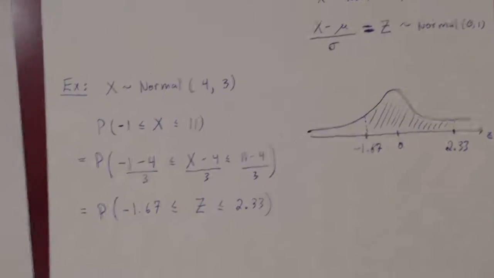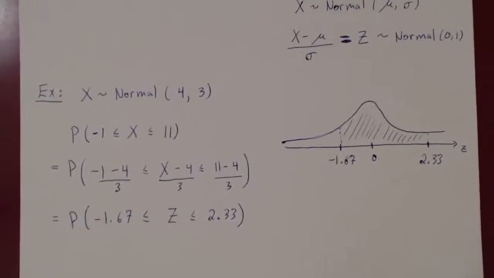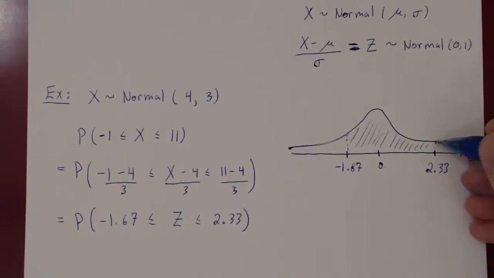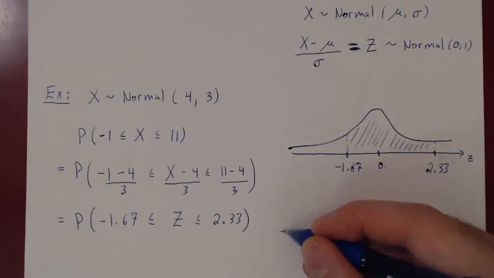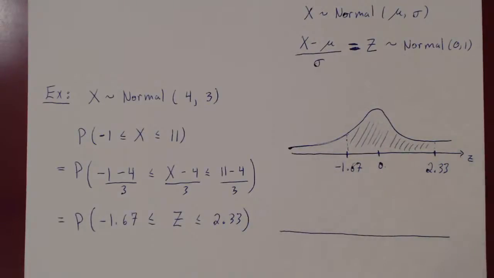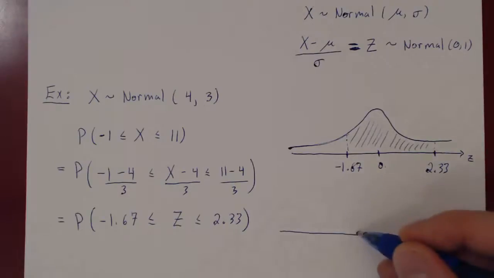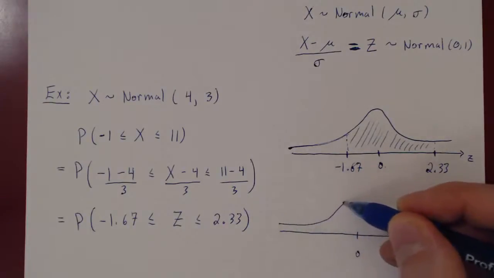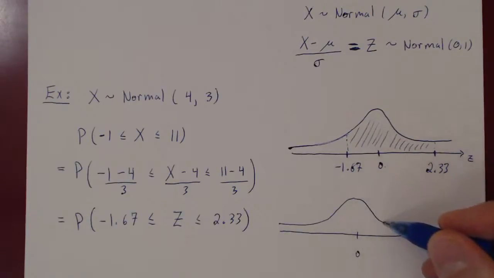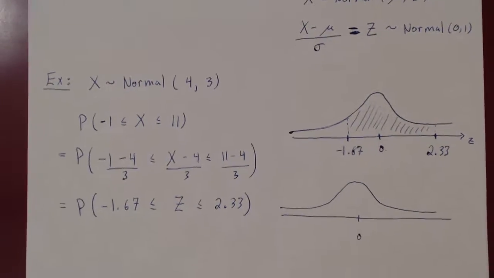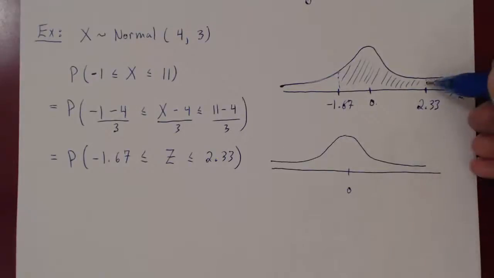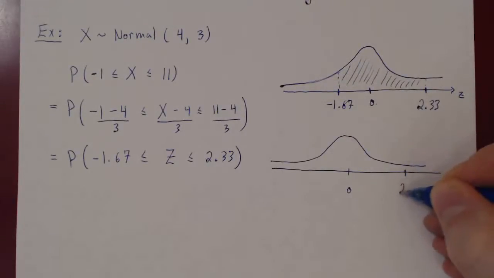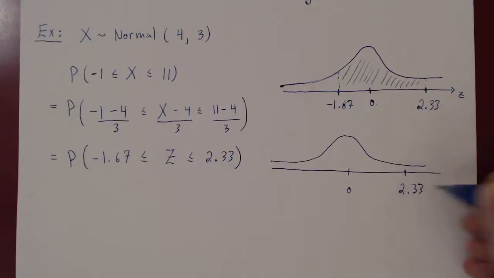But that's not exactly what we are looking for, right? We are looking for here the area between these two values. Well, let's redraw the picture and see if we can somehow find this in two steps. Suppose that we find the area below 2.33, the whole thing. Right?